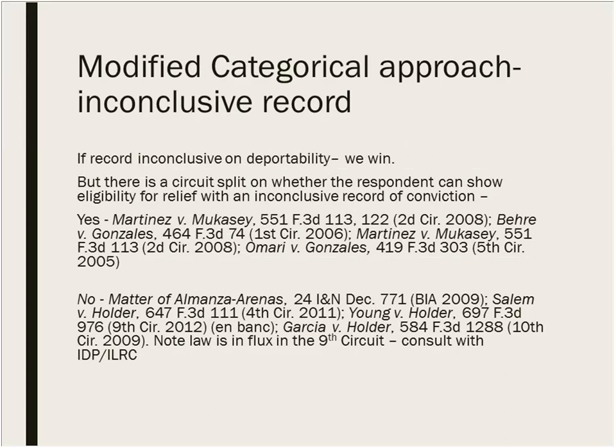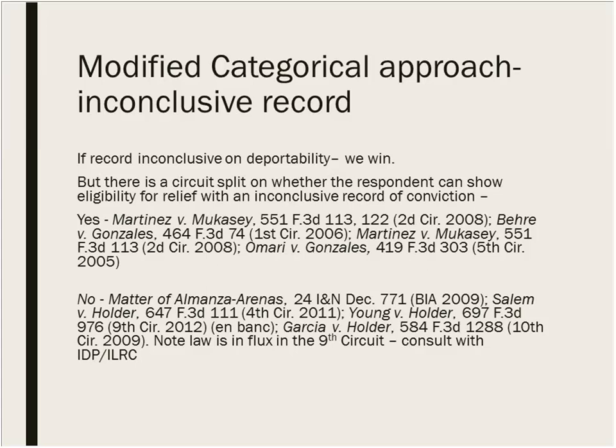So what happens, Andrea mentioned quickly about the inconclusive record of conviction. In the modified categorical approach, if the record is inconclusive on deportability and DHS has the burden, we win, right? They can't meet their burden of proof to prove by clear and convincing evidence that the client was convicted of a deportable offense, deportable subsection versus the non-deportable subsection.